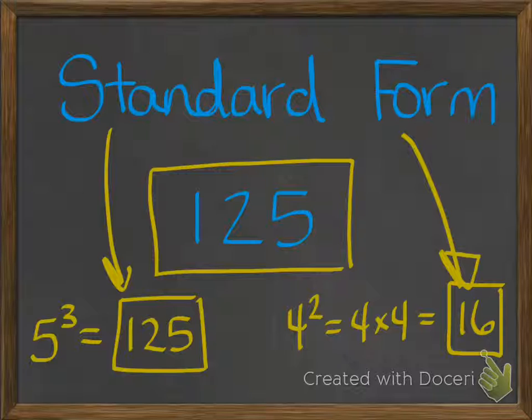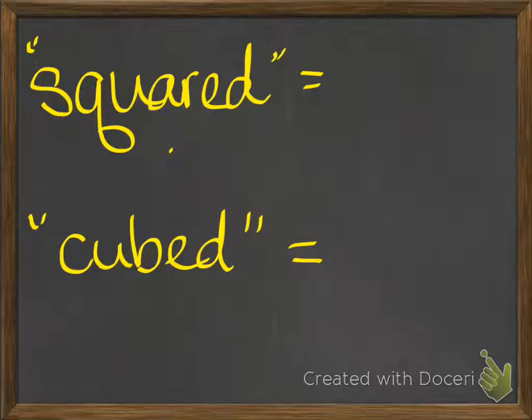Okay, so we have exponential form, expanded form, and standard form. And you'll be expected to know what all three of those are, how to write them, and how to solve them.